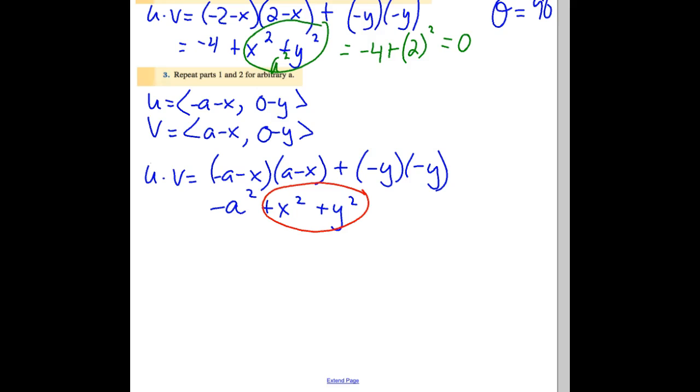So we end up with negative A squared plus A squared, which is 0. Okay? So we're really showing that anytime you have an inscribed angle like that, where the endpoints of those pieces are right on the edges of your diameter, it's going to be a 90-degree angle.